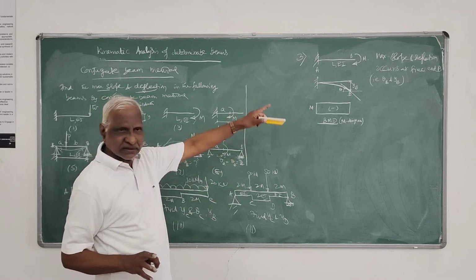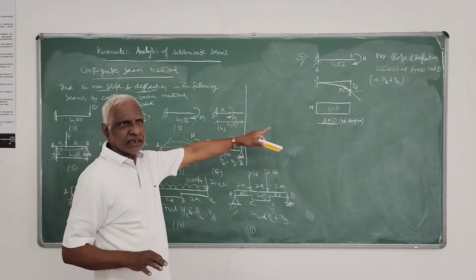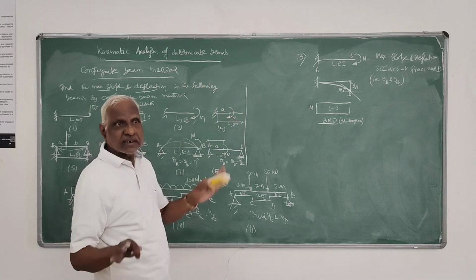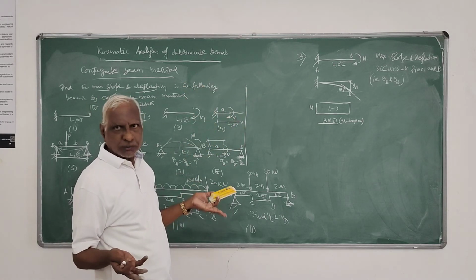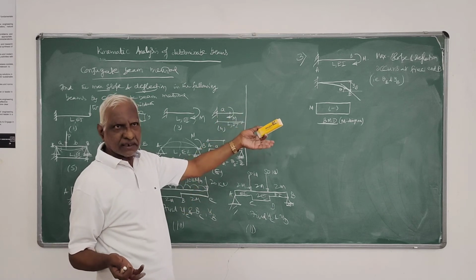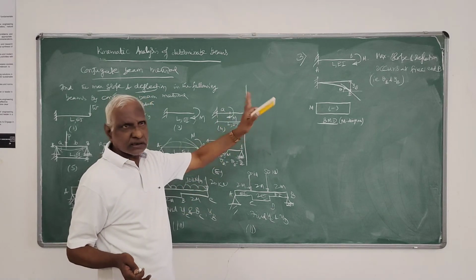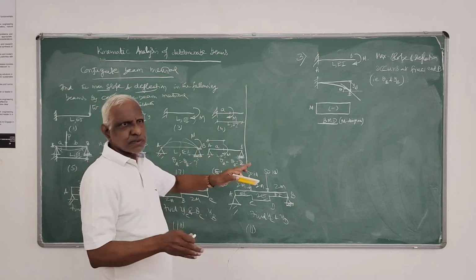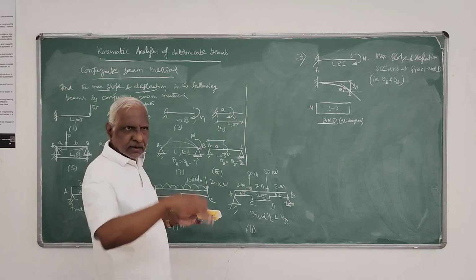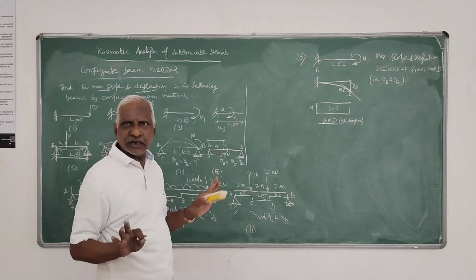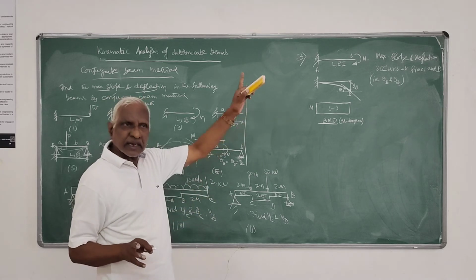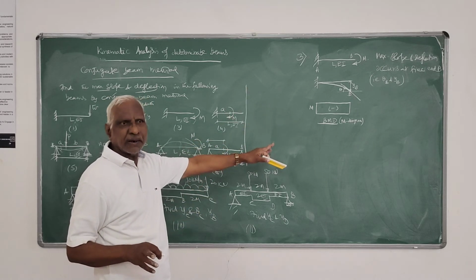Yes. So I am just in the preliminary stage. The given beam I have taken, I have indicated what I have to determine: maximum slope and deflection. So you know where it occurs. I have shown that. Direction also I have shown. Clockwise rotation and downward deflection. These two we have to determine. And the bending moment diagram for the given beam. Only the real beam I am doing.